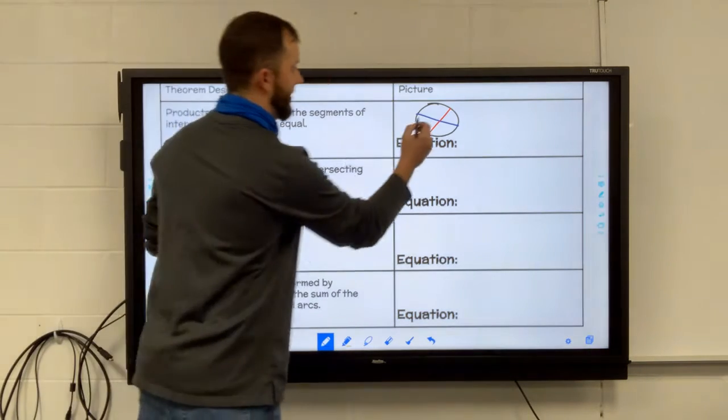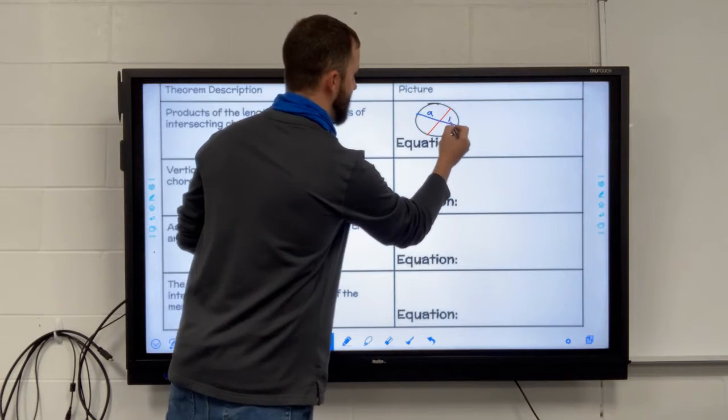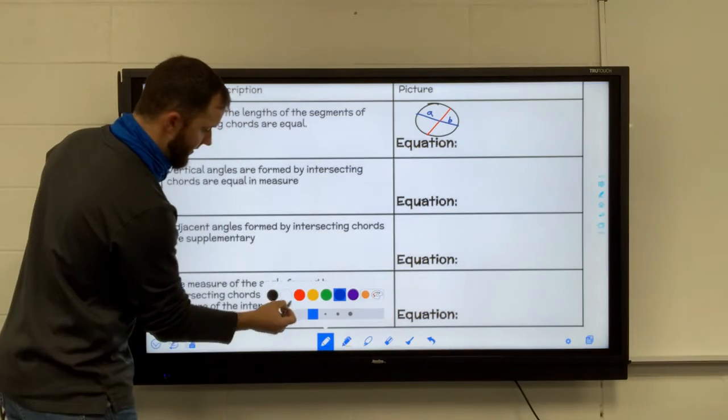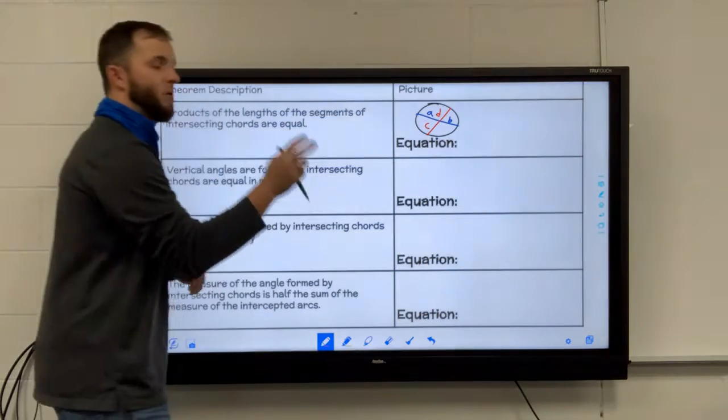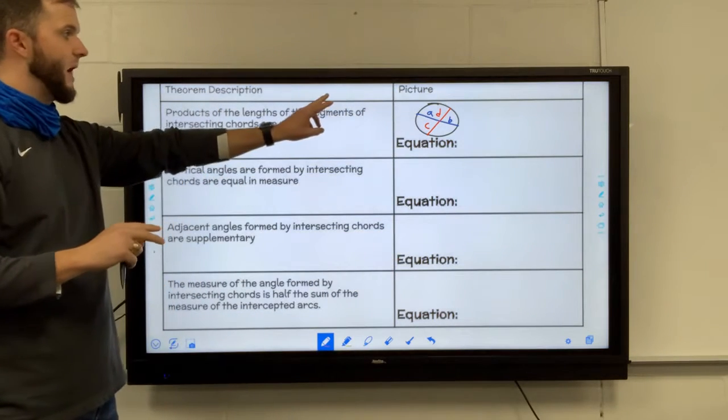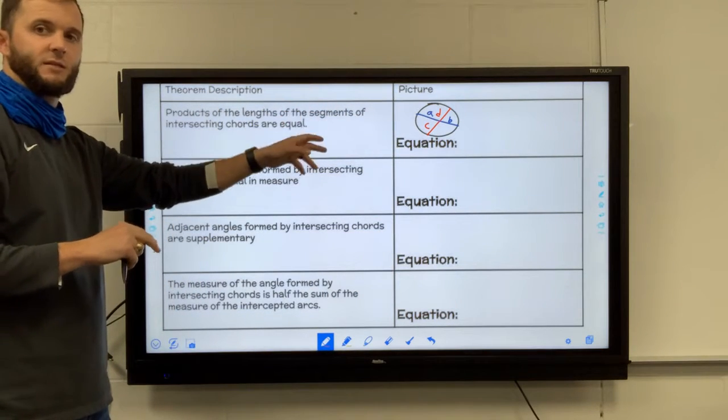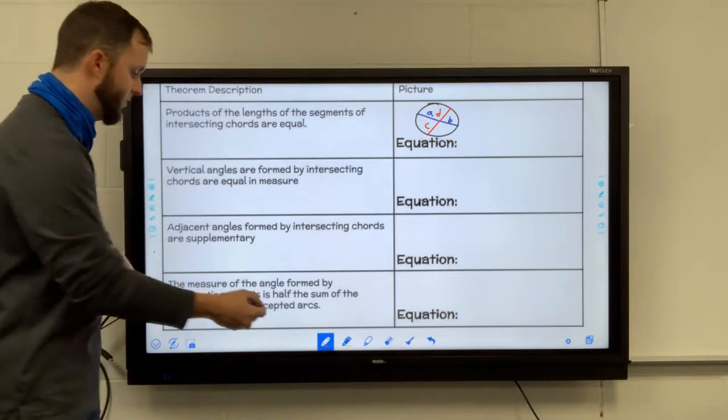So for instance, if this is A and this is B, and then on the other line this is C and this is D, I'm going to multiply the two lengths of the blue line, and I'm going to multiply the two lengths of the red line, and those are going to be equal to each other.